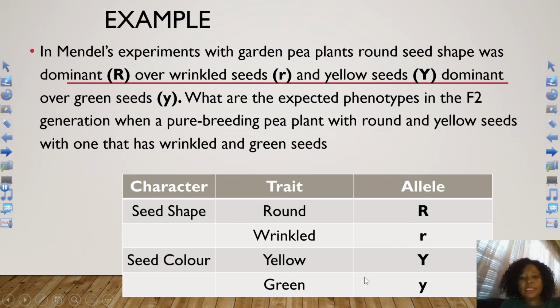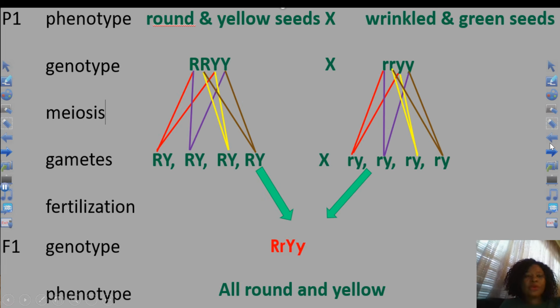Then for seed color, two traits there. They can be yellow or they can be green. Yellow is dominant, and therefore we use a capital Y for yellow. And green is recessive, and we use a small letter y for the green seeds. So let us look at a cross which involves the passing of those two characteristics.